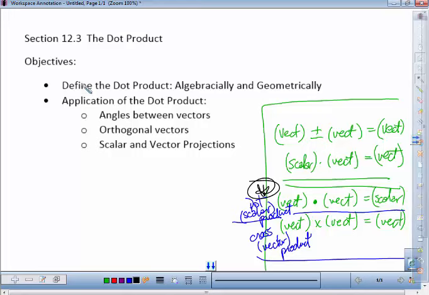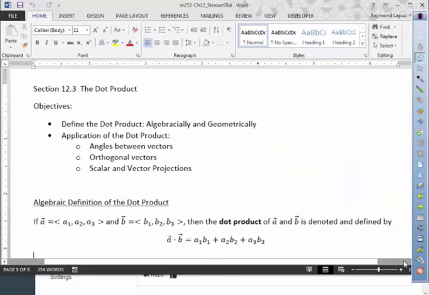But I'd like to just think about both of them as both definitions of the dot product, and when we combine those two, we get some nice applications, like finding the angles between two vectors and stuff like that. So let's get on it. Let's define the dot product and see what it says.